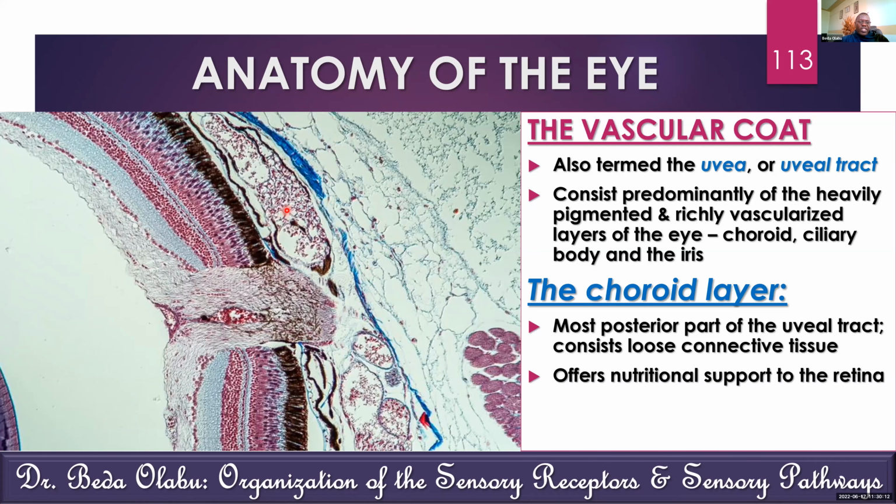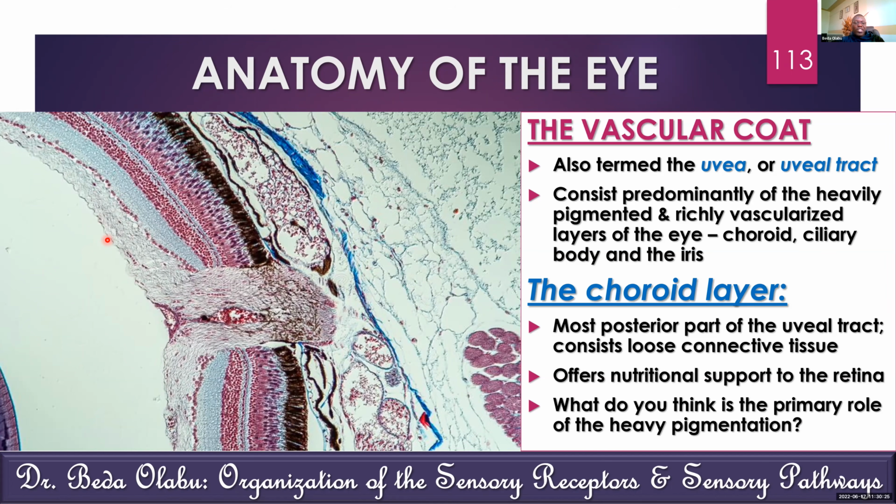Because of the heavy vascularization, we can say that the choroid offers nutritional support to the retina that's adjacent to it. Because of the heavy pigmentation, we need to note that the pigmentation helps to absorb light.